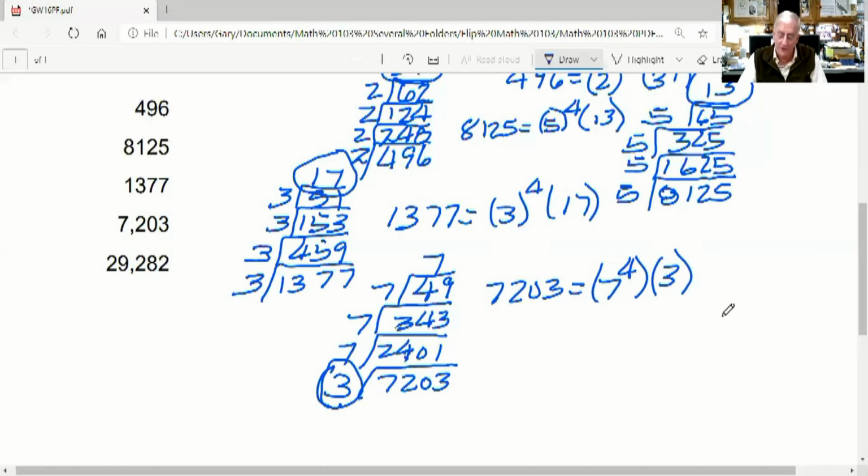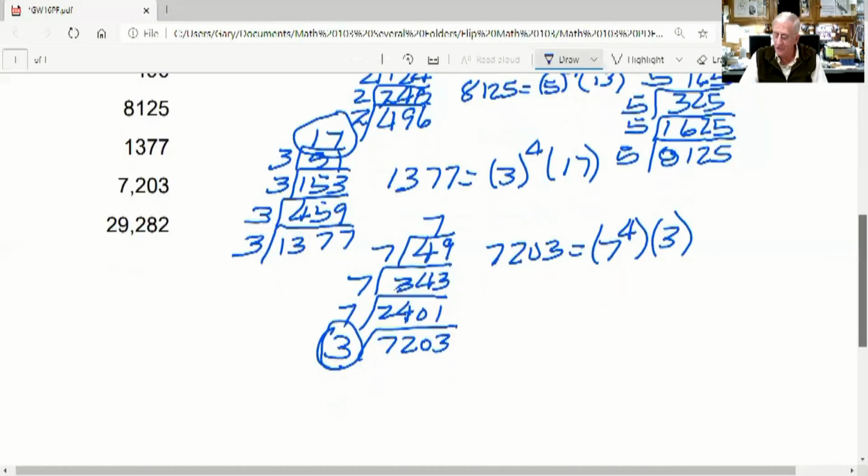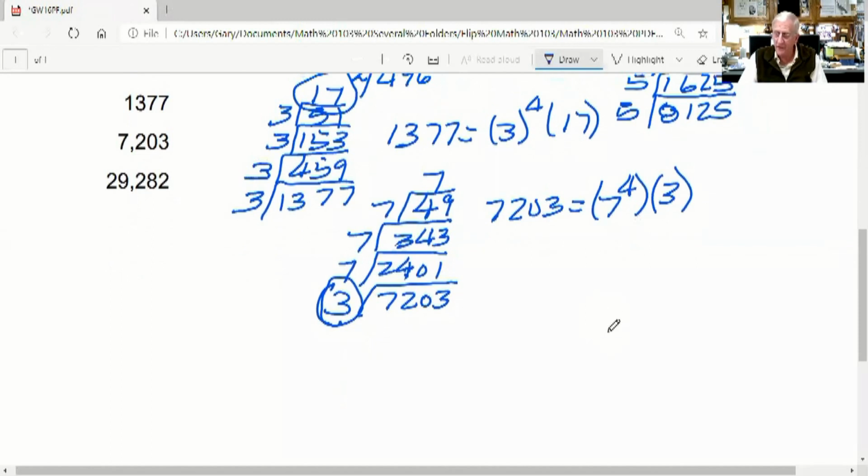Well, we've got one more to do, and that's 29,282. I'm going to put it over here, 29,282. And now I'm going to attempt to divide it by what? Well, looks like it's even, right? So let's divide her by 2. Let me get it on my calculator here.